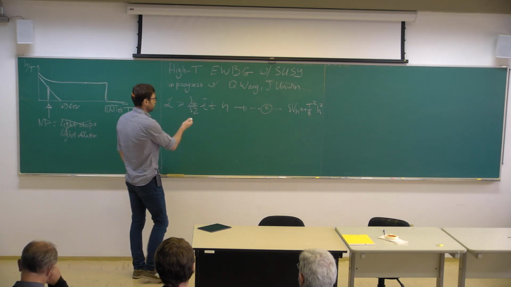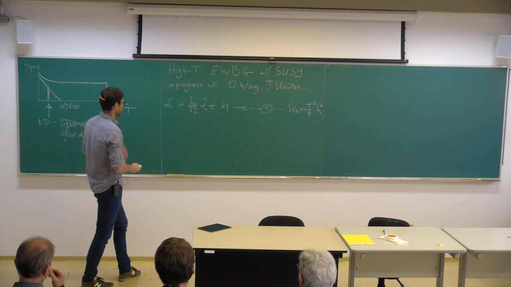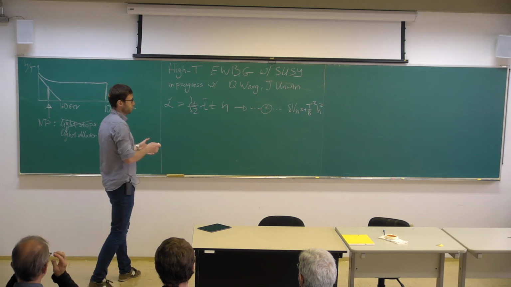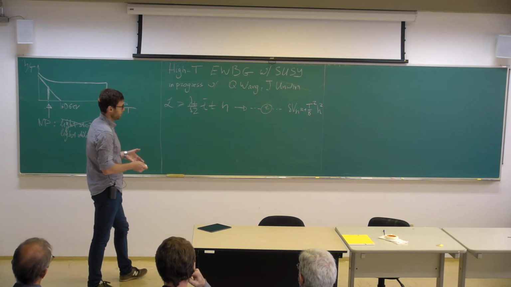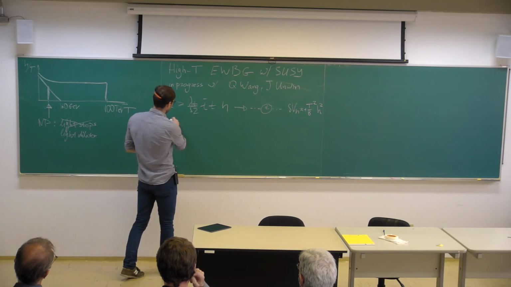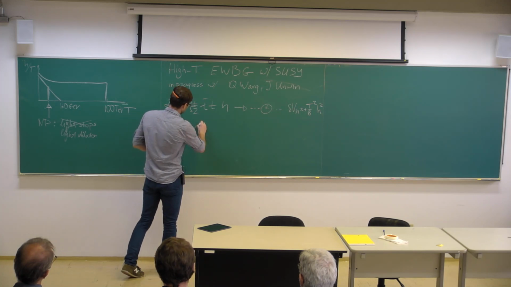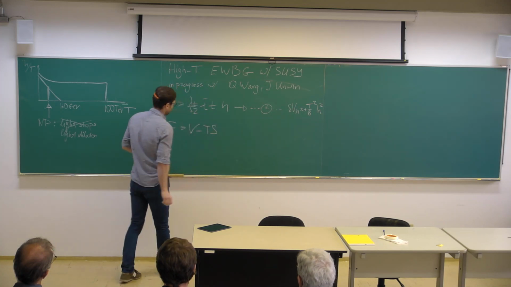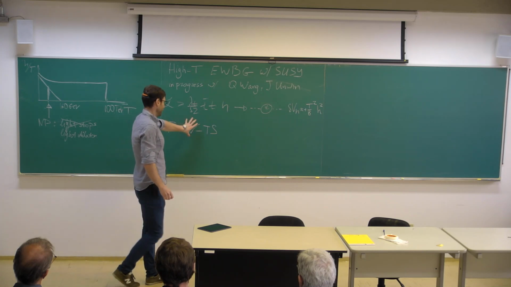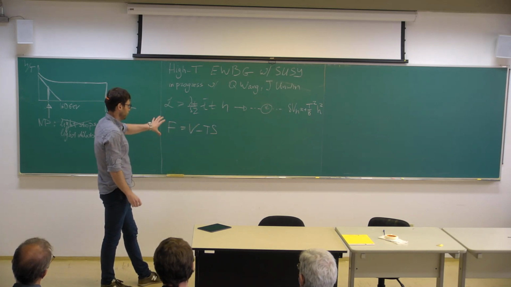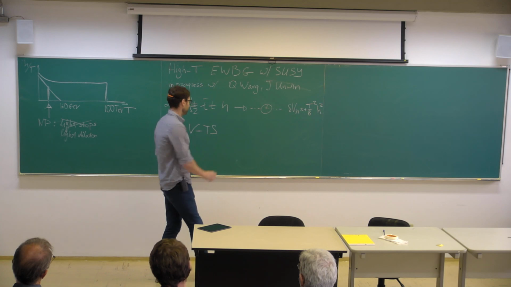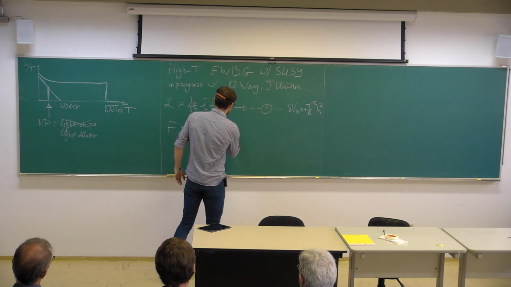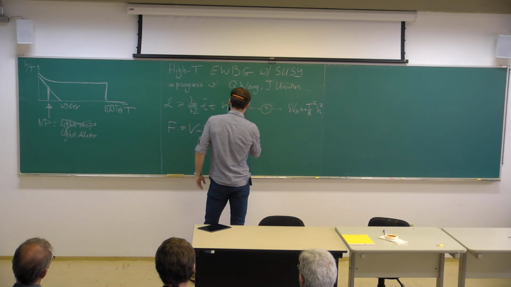So what we are computing here, when we're trying to find the minimum of the Higgs field at high temperature, we're computing the free energy, which depends on just the usual zero temperature potential and the entropy, which is something like this.